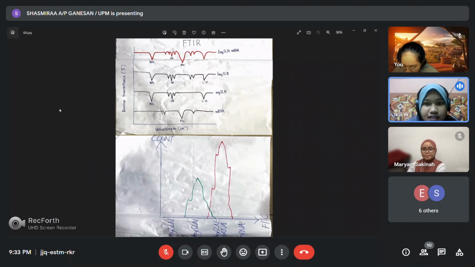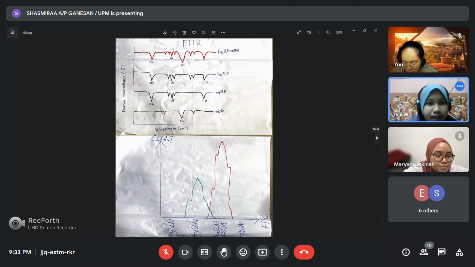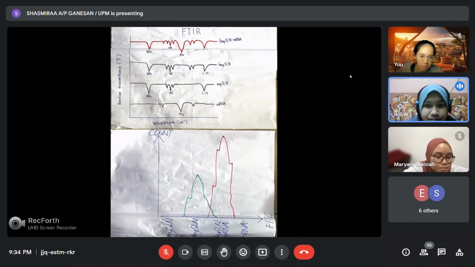Okay, so the graph we created is only the expected result and not based on actual data. Based on the graph, you can see that the mRNA has different thickness compared to MySLN and FMySLN because they are completely different materials.